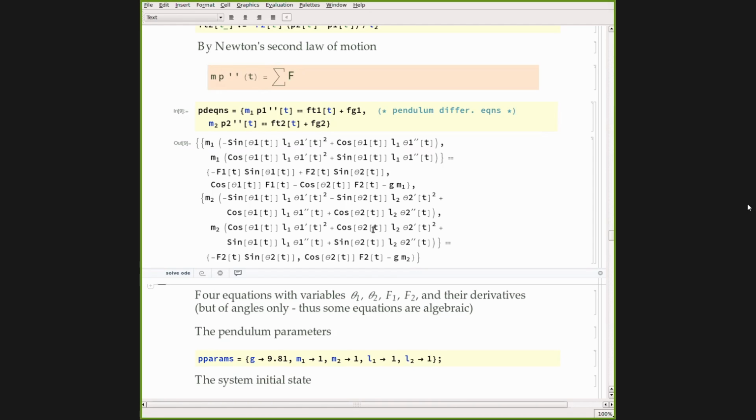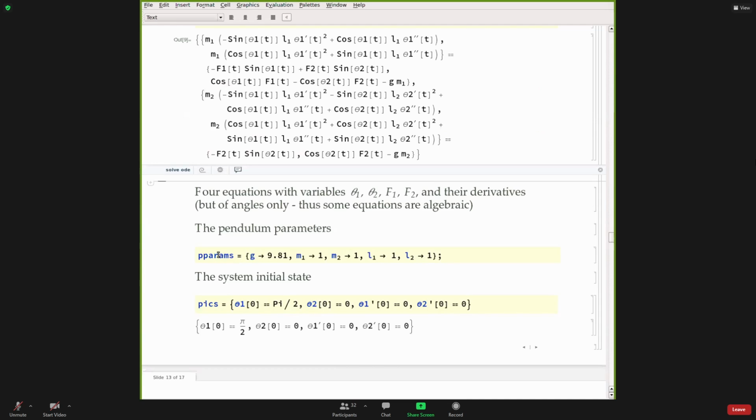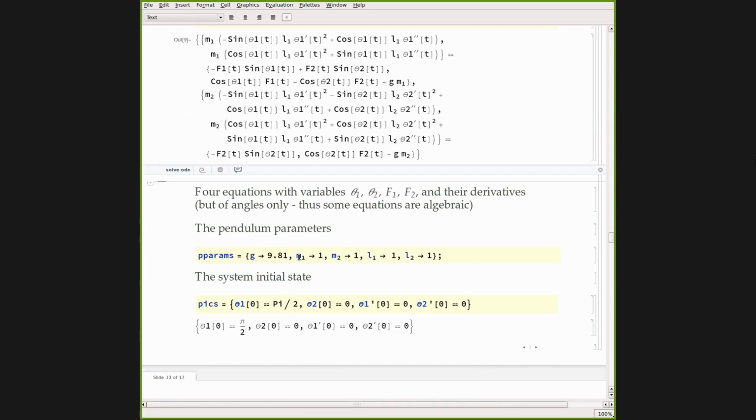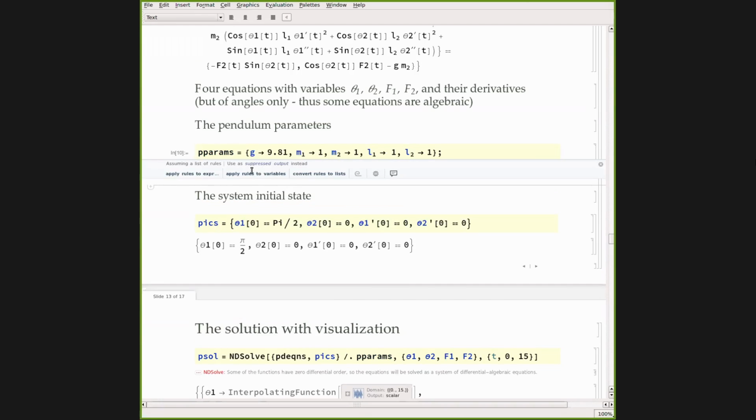so it is quite useful to keep this data in separate variables. You see, we have only the equations by themselves on a list set to a variable PD eqns, and now we will define p params, which will provide all the system parameters, also some external ones like the gravity constant, and then we define the variable which is nothing else but the system initial conditions.